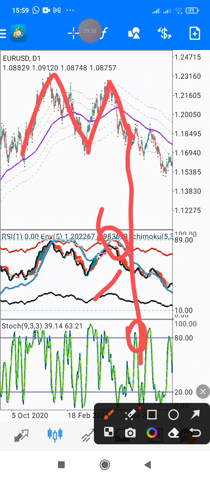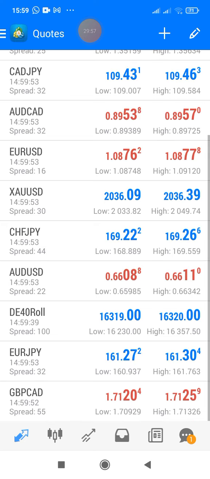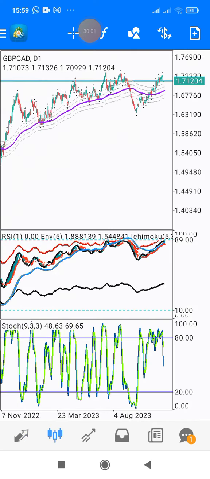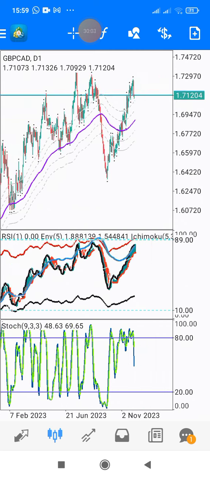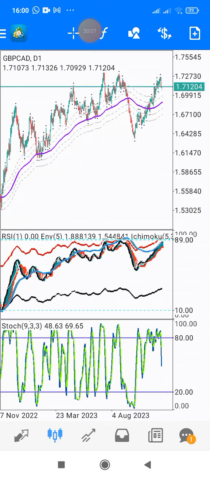Very safe. You don't make your entries here. It may be good, but risky, very risky. But this one gives you the best. It gives you the best. You see?